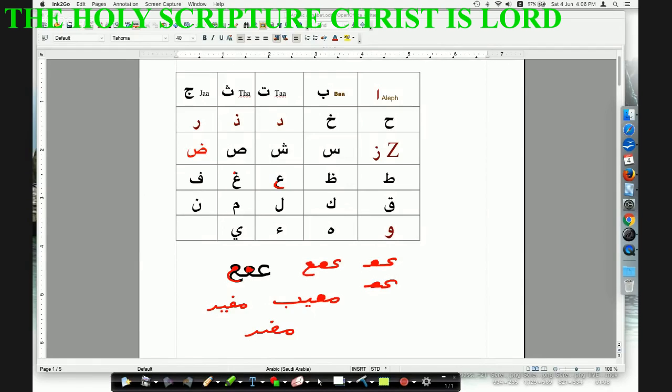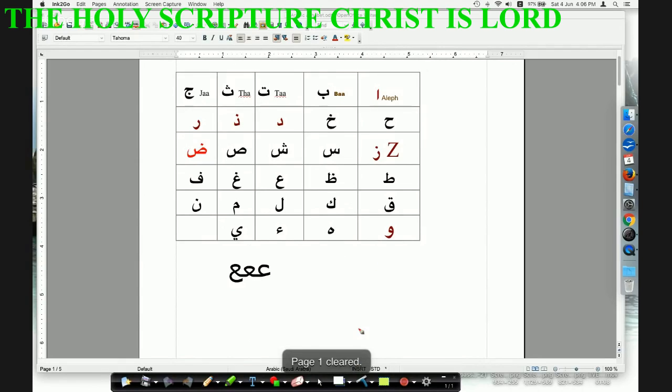As an example, if I write the word Arab, you know what Arab means, right?